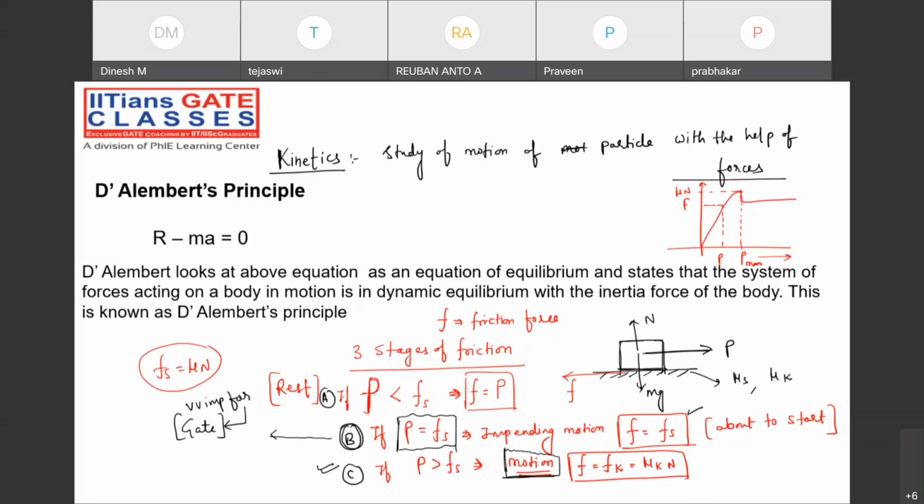Who will be responsible for the acceleration of the block? Force only, my dear friend. When you keep on increasing the force, acceleration will also keep on increasing. But the friction force will be constant. The friction force will always be constant, my dear friend. That is what kinetic friction is.